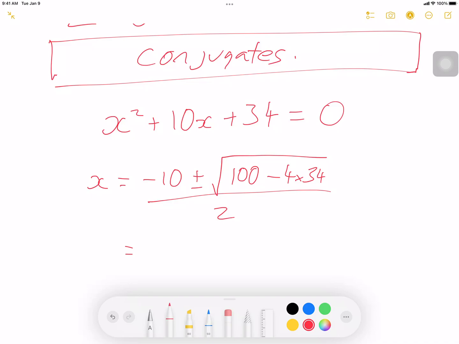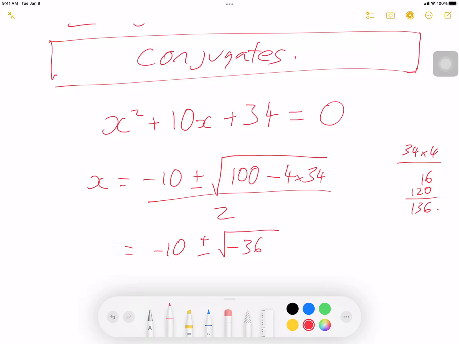Let's work this out. 4 times 34 is 136. But then I've got to take that away from 100, so I'm going to get negative 36.